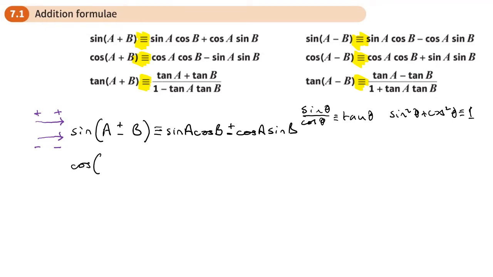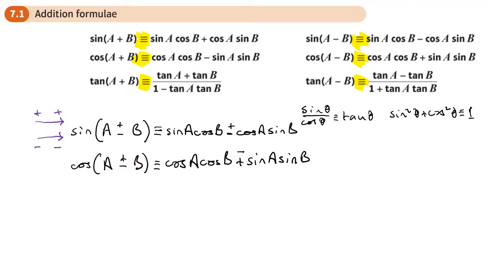So cos A plus or minus B is always equivalent to cos A cos B minus plus sine A sine B. Now notice on this that although there's a plus at the top and a minus at the bottom here, it's the opposite way around here.